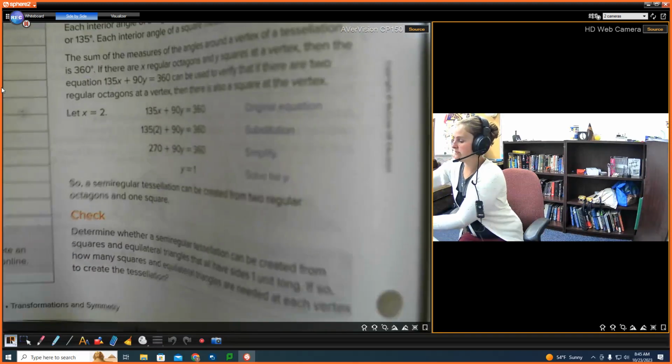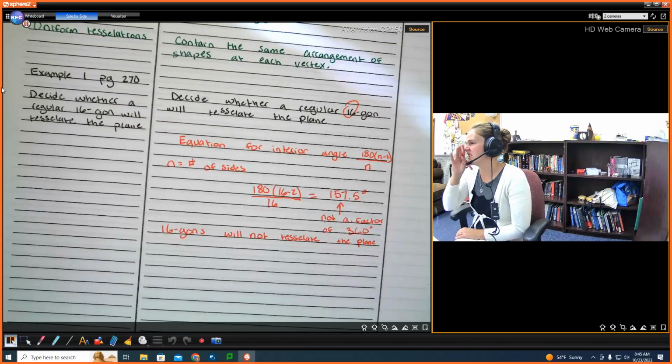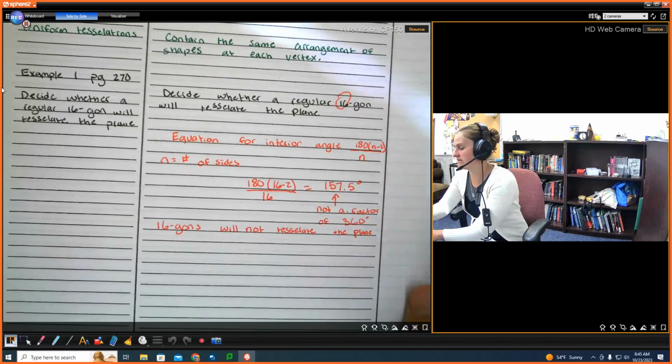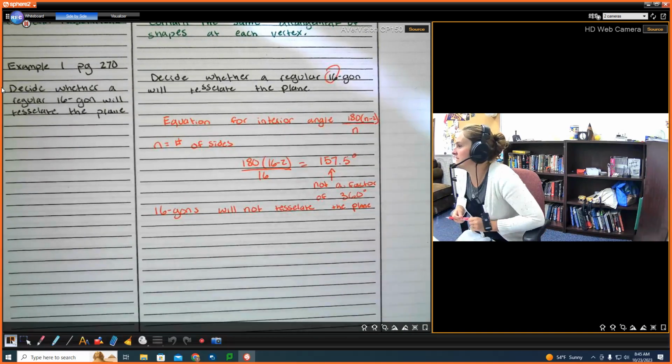So we're not going to go too much more into tessellations. Can anyone think of real tessellations, like tessellations in regular life? Like in nature. There's one sitting by Cayenne. A tortoise shell has a tessellation on it.